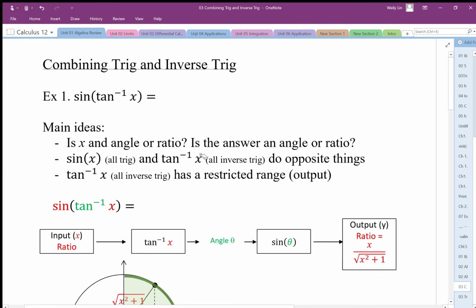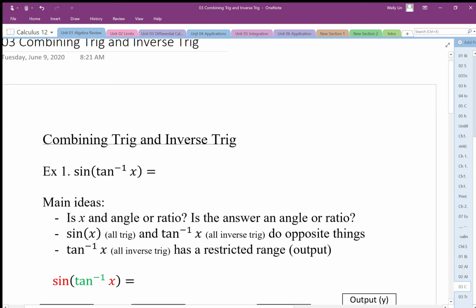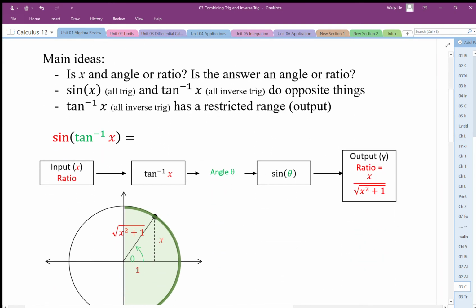Here I have a ratio, and the answer to this is going to be an angle, and they do the opposite things. The other thing that I have to be careful of is that the inverse trig functions have a restricted range. They have a restricted output because we can't accommodate all the angles. Otherwise, we end up with non-functions.